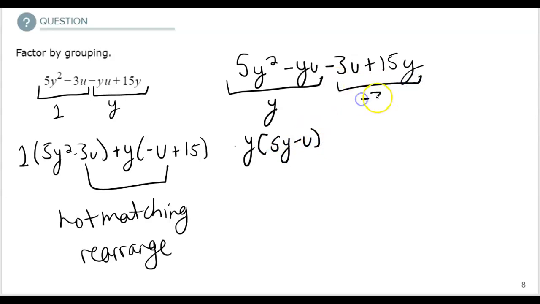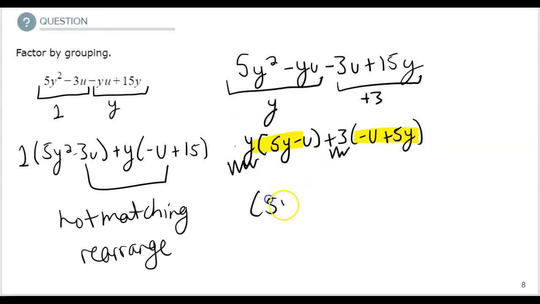Out of here we can pull out a -3, or +3, negative u plus 5y. These are matching. And then here's my leftovers. So I pull out my matching, and then I'm left with my leftovers.